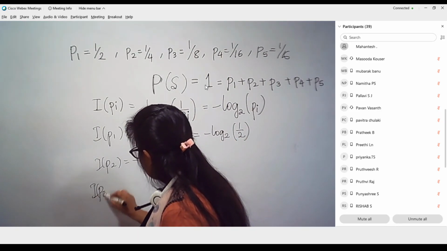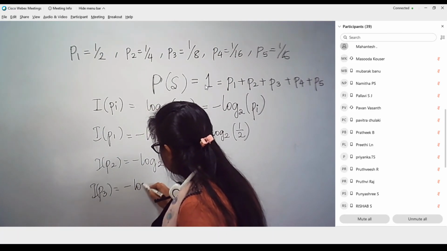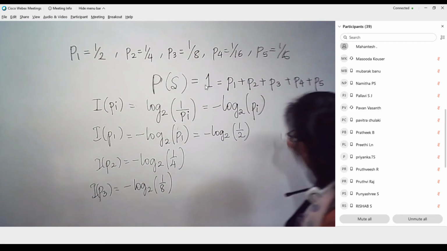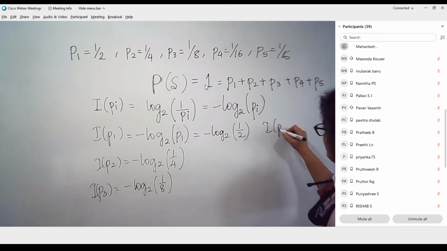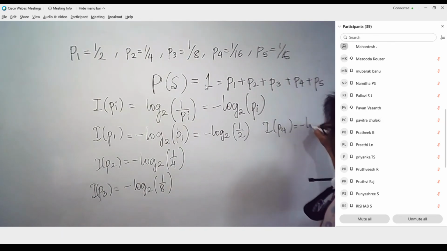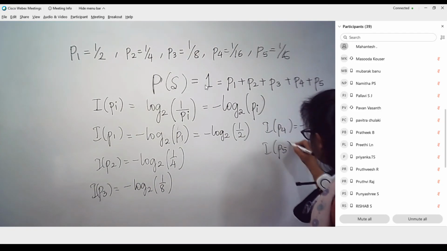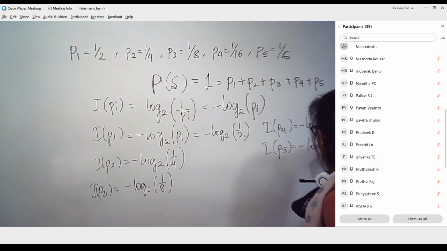I of P3 is equal to minus log to base 2 of 1 by 8. Next, I of P4 is equal to minus log to base 2 of 1 by 16. I of P5 is equal to minus log to base 2 of 1 by 16.